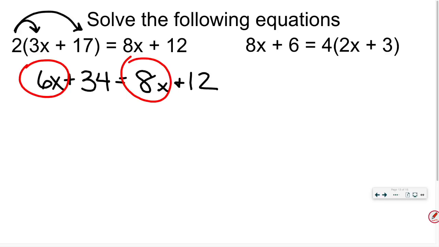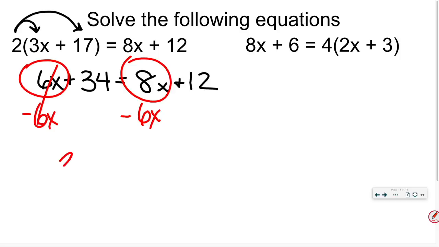From here, how would you solve? Giselle, what would you do to solve? I don't know how to say it, but I subtracted 6x from all. Good. You subtracted 6x from there, and then 6x from 8x.